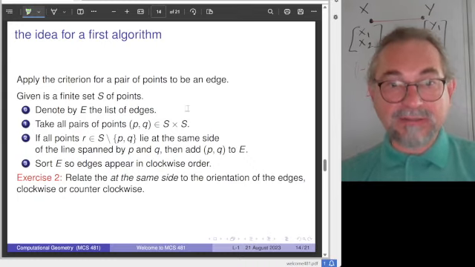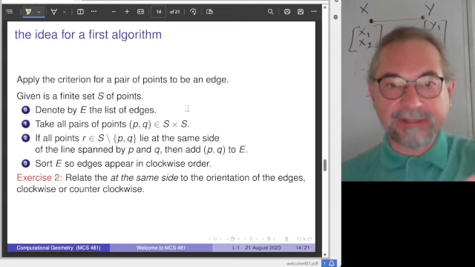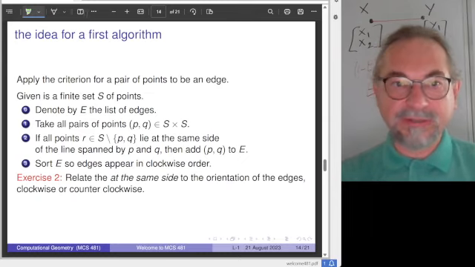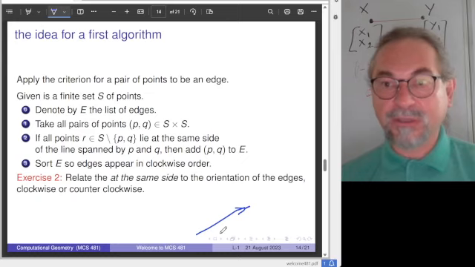And then there is a last step, the sorting. So these are the ideas of the algorithm. What do we actually now mean with "at the same side"? If you look into it, perhaps a drawing is again very appropriate here. So we can look at edges as vectors.